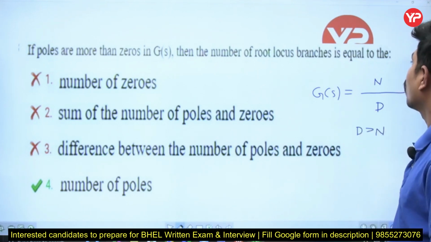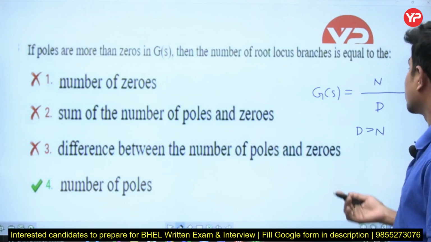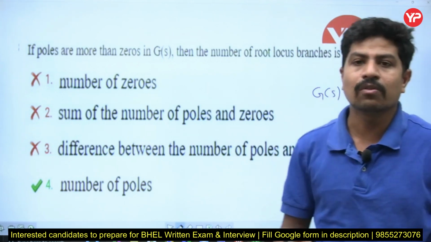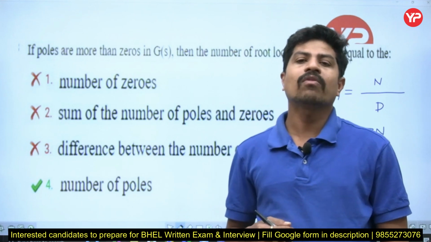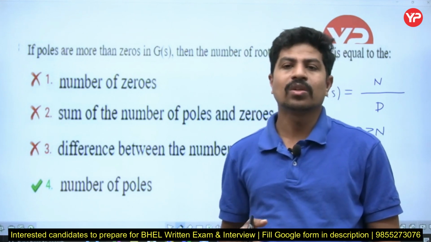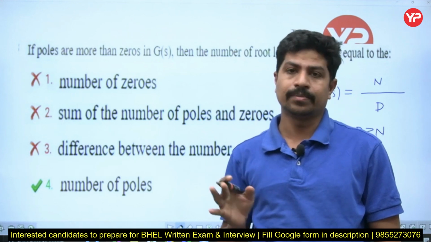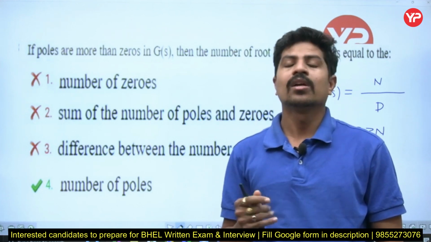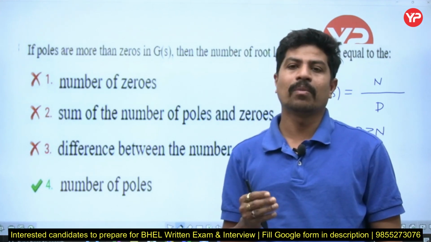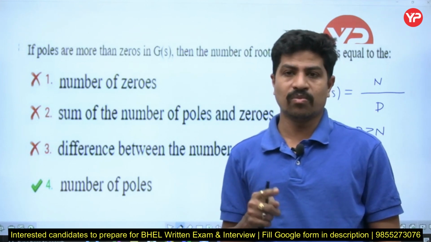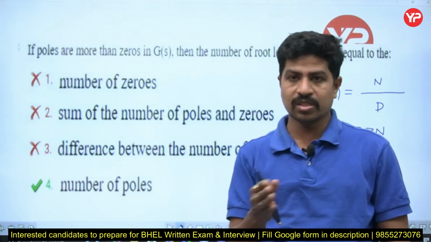Then the number of root locus branches is equal to the number of poles or the number of zeros, whichever is greater. Of those two, whichever is greater, that is the number of branches of root locus.